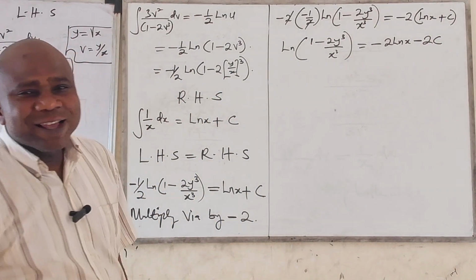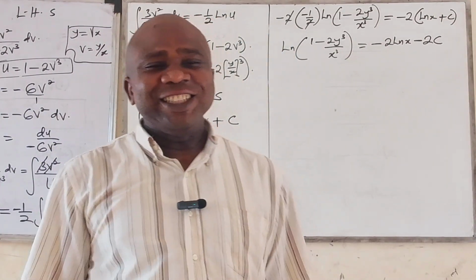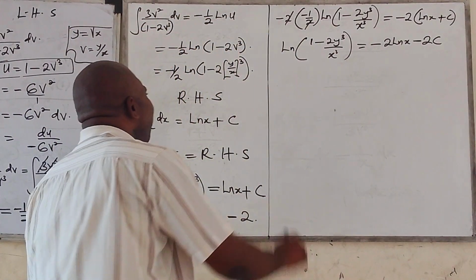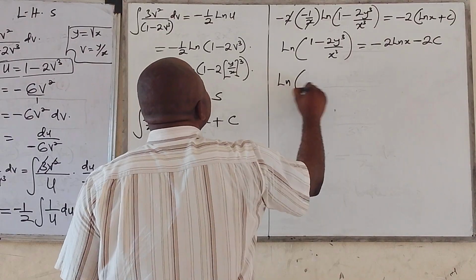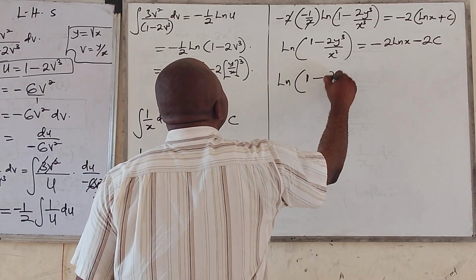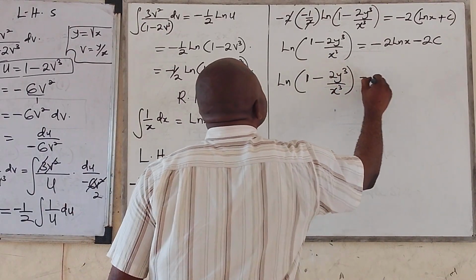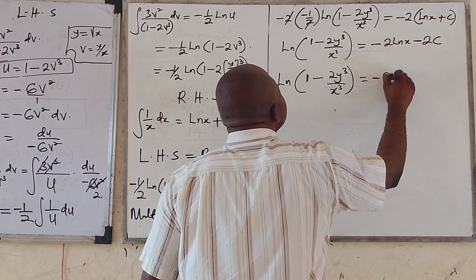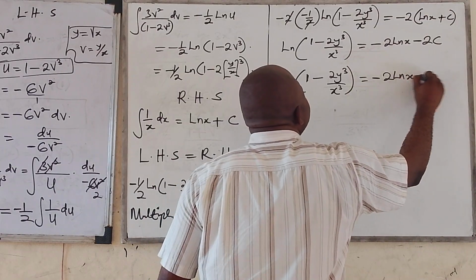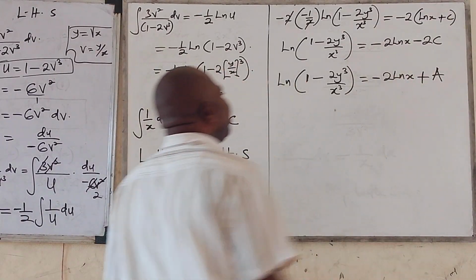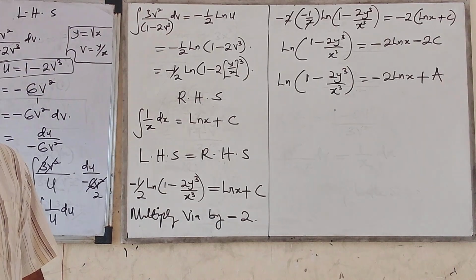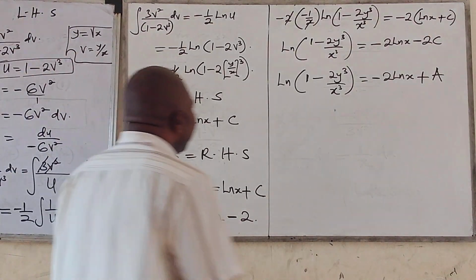Then remember c is an arbitrary constant. It means we can call this ln 1 minus 2y raised to the power of 3 all over x power 3 equal to minus 2 ln x plus a, where I call minus 2c a.